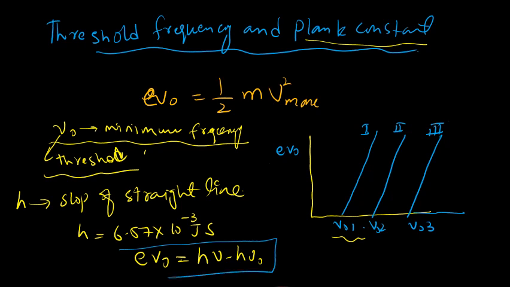So it will be represented by this equation. The value of the Planck constant was first determined by Millikan in 1916. He was the first one who gave the value of h from the slope of the straight line of eV naught versus frequency.